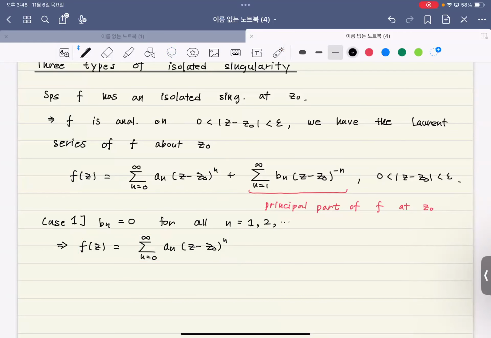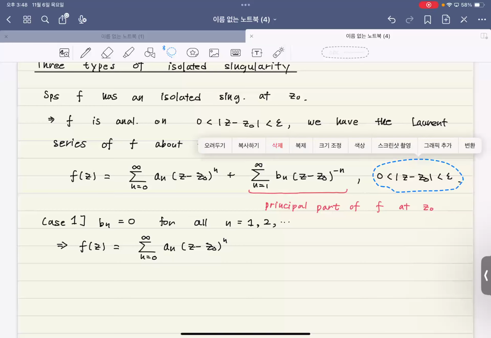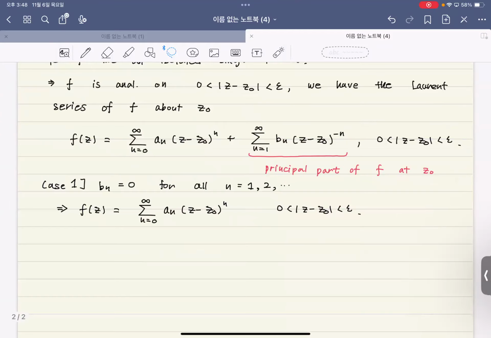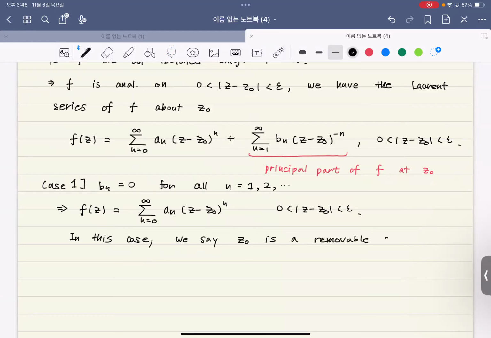And I should not forget the domain, this annular domain. And in this case, we say z0 is a removable singularity.